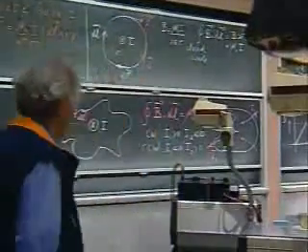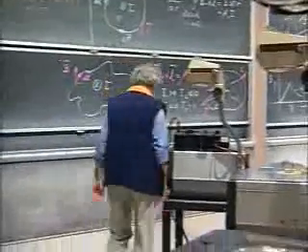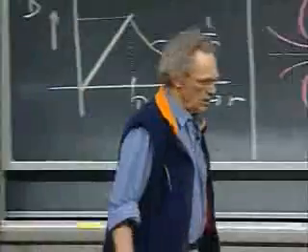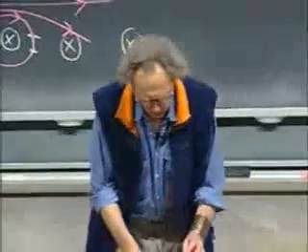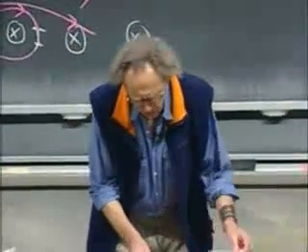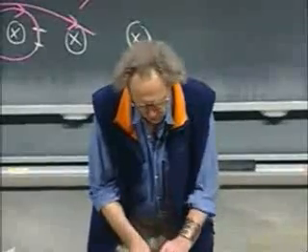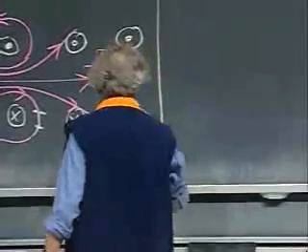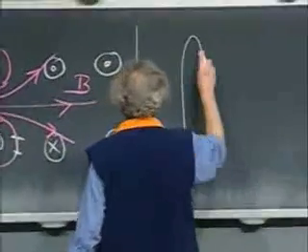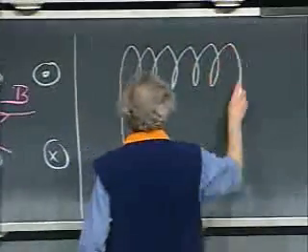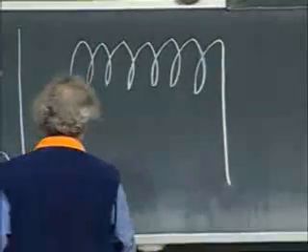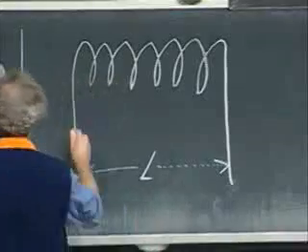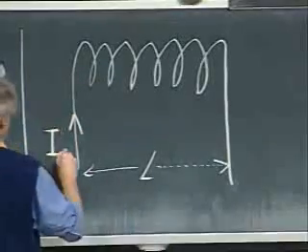And now I would like to calculate with you, using Ampere's law, what that magnetic field inside such a solenoid would be. And we have to make a few assumptions. Let this be my solenoid, and the length of the solenoid is capital L. A current I is going through like so.